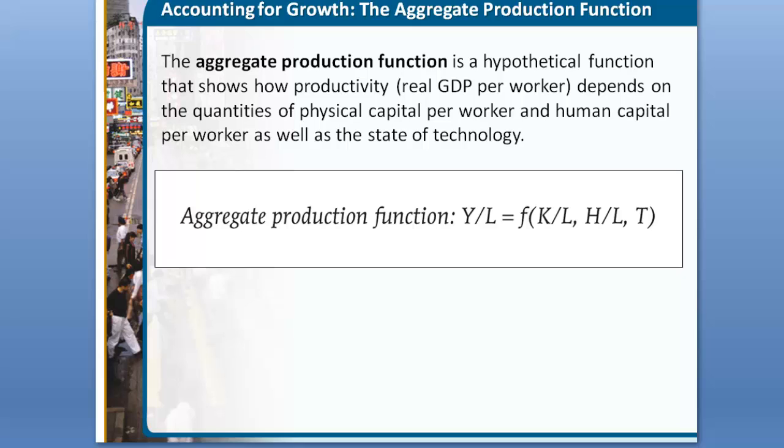The aggregate production function, Y over L, where Y is output and L is labor, is equal to a function of physical capital per worker, or K over L, human capital per worker, or H over L, and technology, or T.